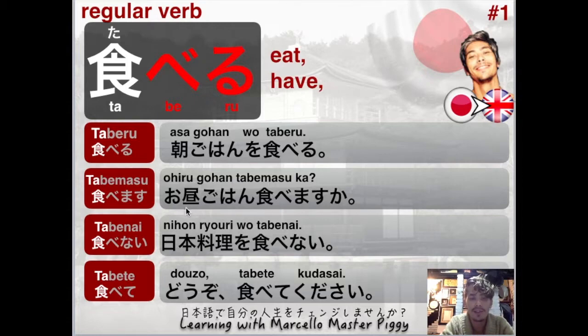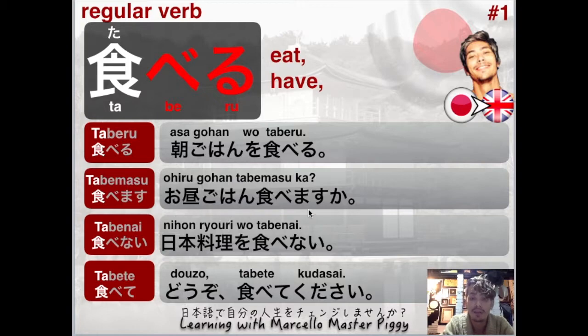In this case, ohiru means noon. So noon meal equals lunch, so to eat lunch, to have lunch. And because it's a question, we are asking, did you have lunch?